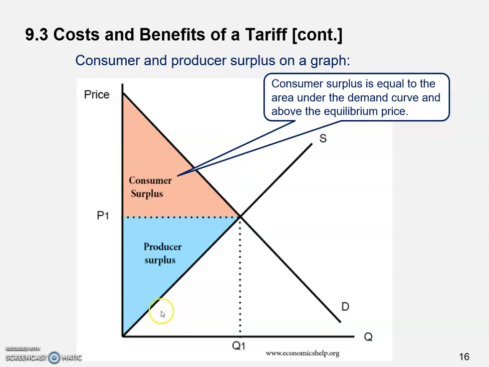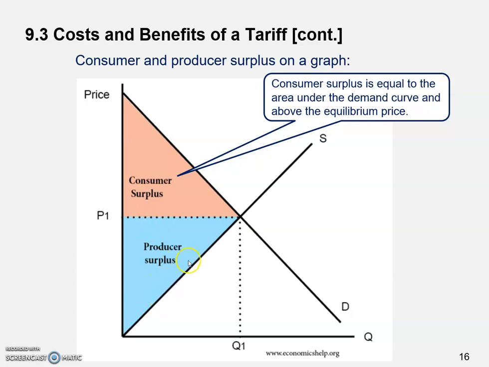Then producer B would like to sell at the second lowest price, so we put B right here next to A, but a little bit higher along the supply curve. Again, his or her producer surplus would be the area above, but still below P1.